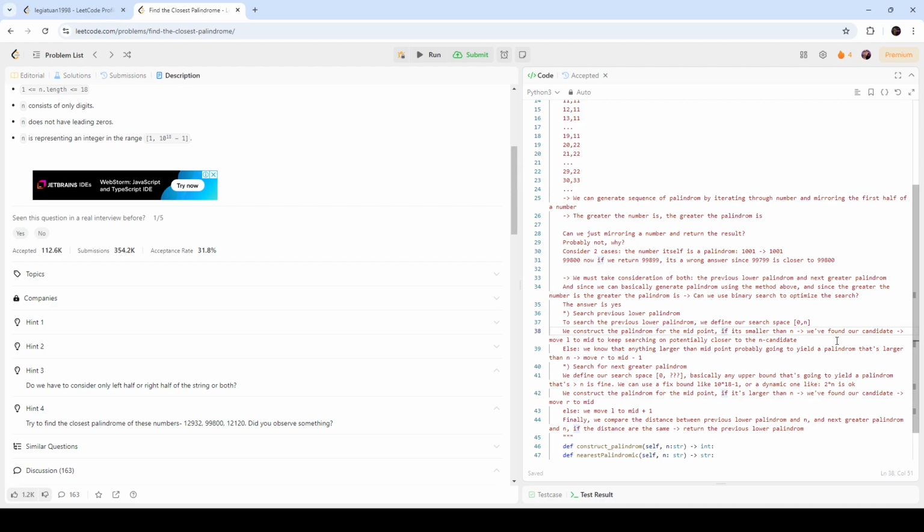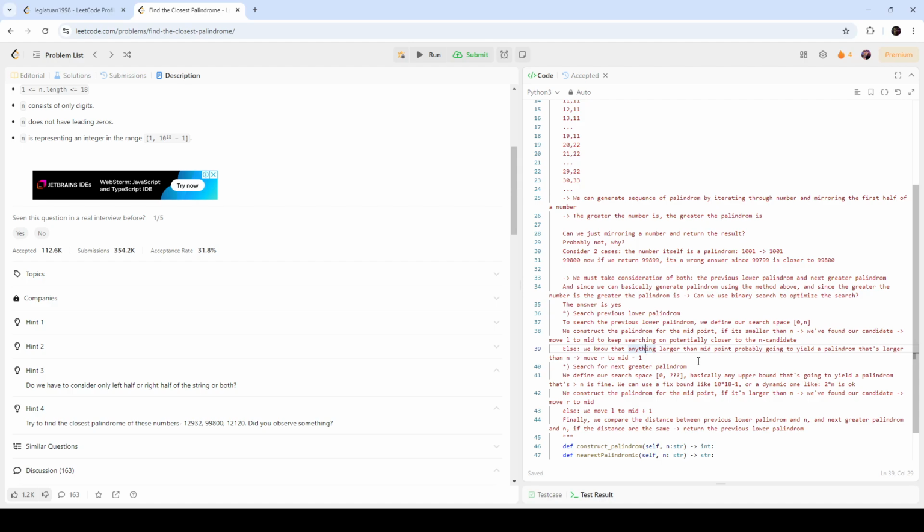We need to keep looking on the left side of the search space to potentially generate a lower palindrome than n, a palindrome that is smaller than n. So we move r to mid minus 1 to totally eliminate these guys. And the same thing, basically search for the next greater palindrome.